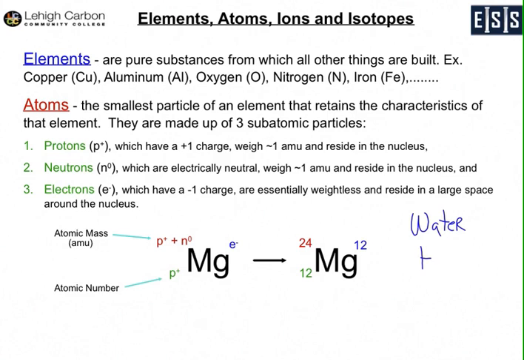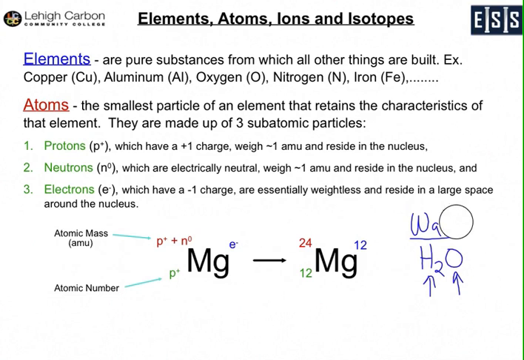If you remember, water is H2O. It's actually made up of the elements of hydrogen and oxygen. And you put them together in this form, you make a compound called water. Water itself is not an element. It's made up of elements, and water is a compound. So that's a distinction you need to understand.